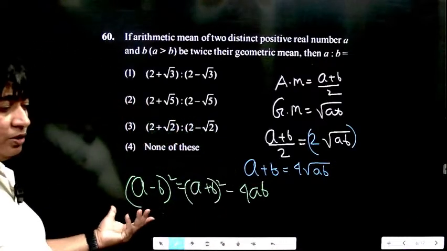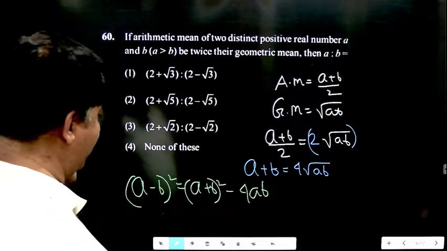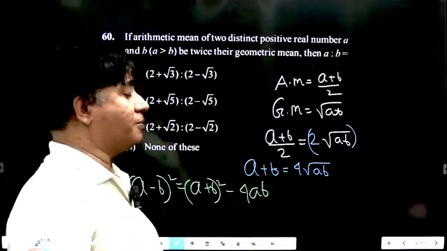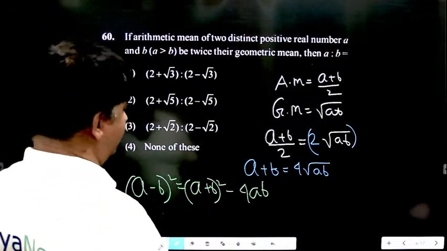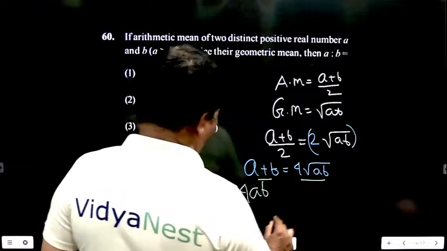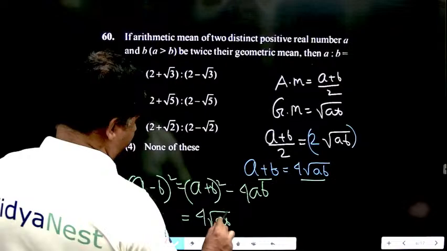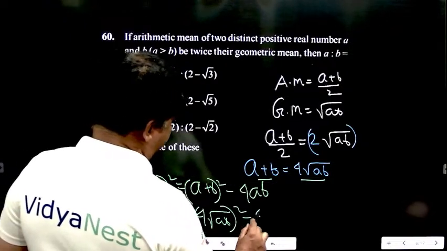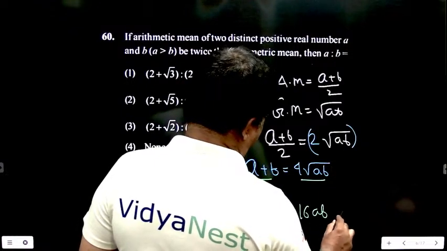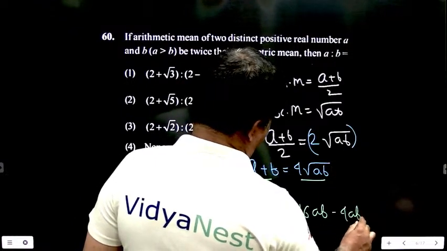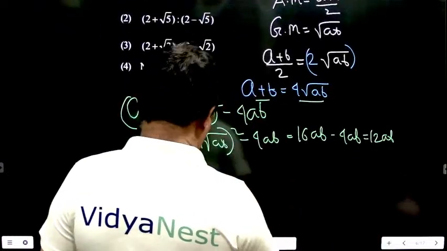A minus B whole square, one formula from junior class you were taught: A minus B whole square is A plus B whole square minus 4AB. Just recall that formula. Here, A plus B is nothing but 4 root AB.